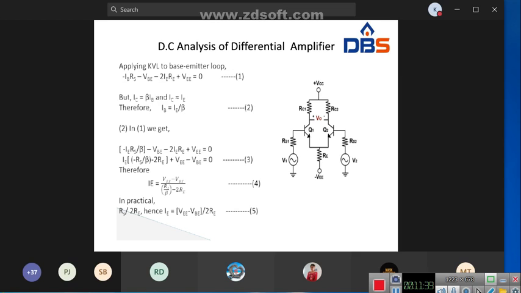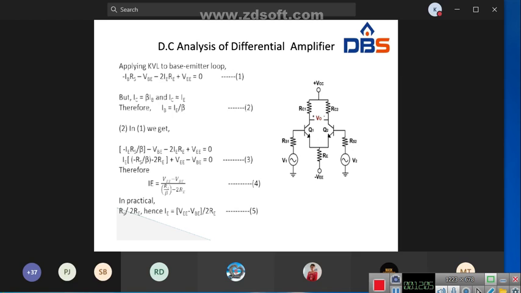Because one emitter current is coming from the Q1 transistor and another emitter current is coming from the Q2 transistor. So two emitter currents are flowing through the emitter resistor. That's why we have taken 2IE. So the voltage drop across RE is 2IE RE. So plus VE equal to 0.